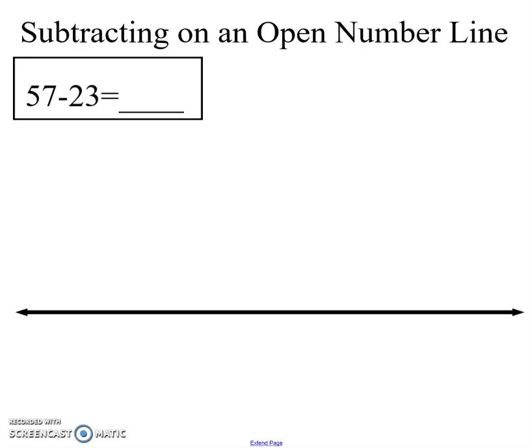When using a number line, the bigger number is almost always on the right, and the smaller numbers are usually on the left. Because we're going to start with a bigger number, we're going to put 57, our biggest number, on the right here. Okay, so 57, guess what?